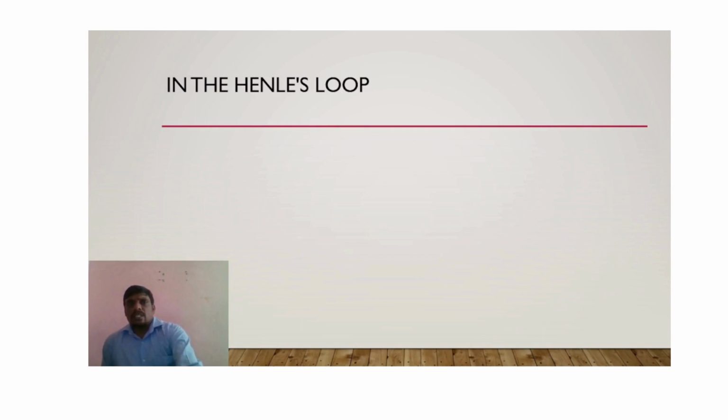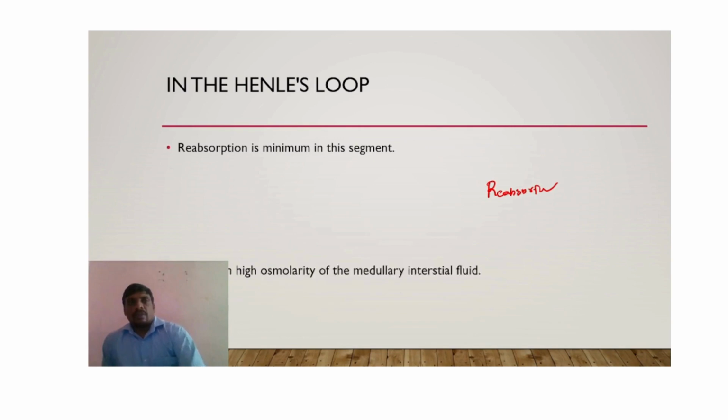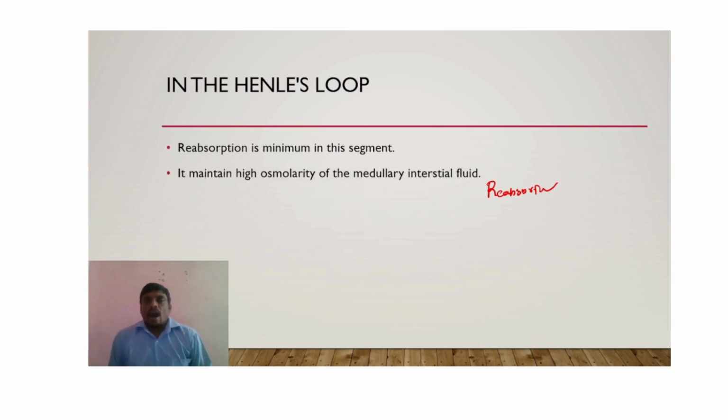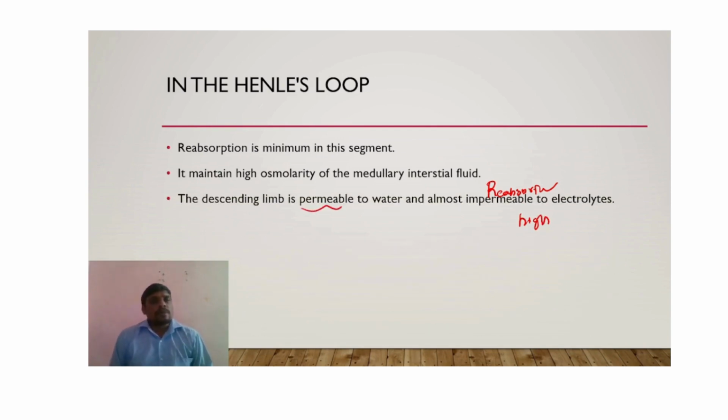Now, in the loop of Henle, what happens? Reabsorption is very minimum in this segment. It maintains high osmolarity of the medullary interstitial fluid. The descending limb of the loop of Henle is permeable to water but almost impermeable to electrolytes.